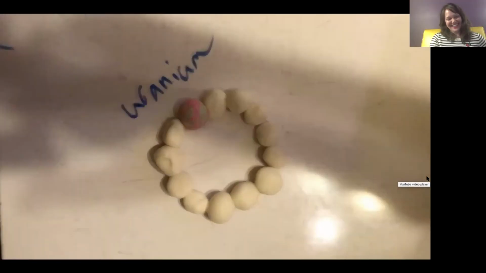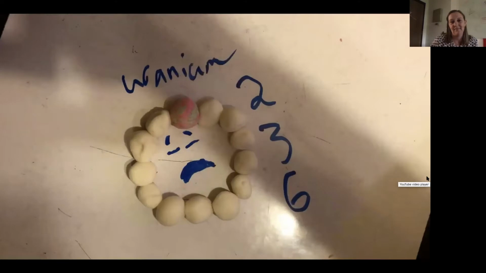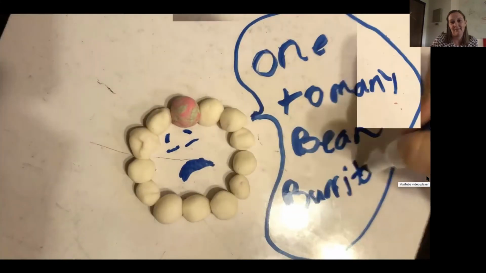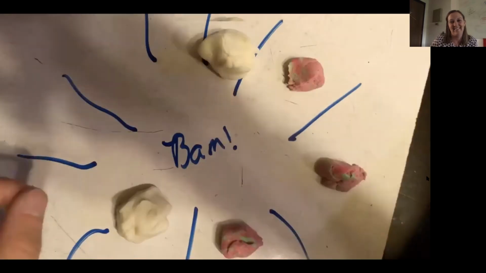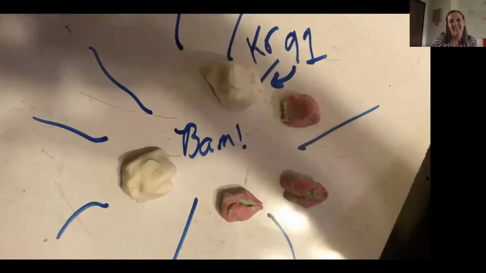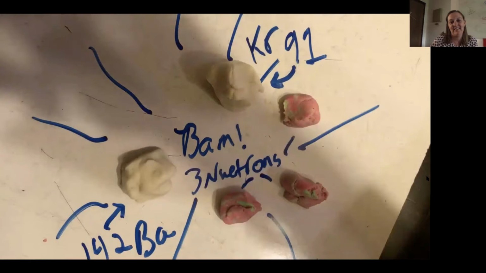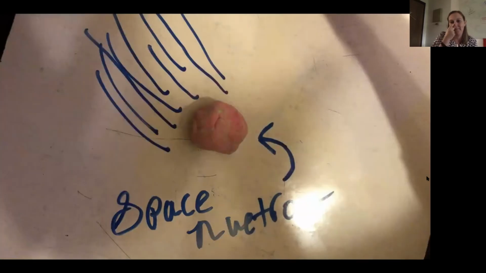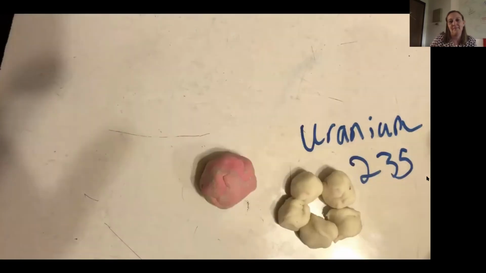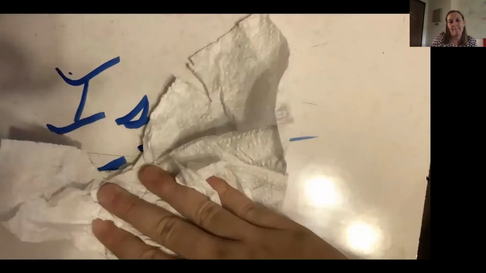Whoa, what is this? It's uranium. Wait, but it's 236. That's not stable. Oh, one too many bean burritos. That's how I'm feeling too, man. There it goes. Wait, but hold on. Krypton 91. What? Barium 142. 3 neutrons. Okay, it explodes. Everything goes everywhere. Wait, but here's another neutron. Space neutron? Okay, sure. Here we go. Wait, what was that? Uranium-235 is a cycle. Fine.